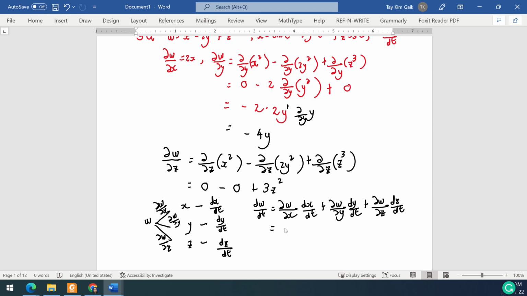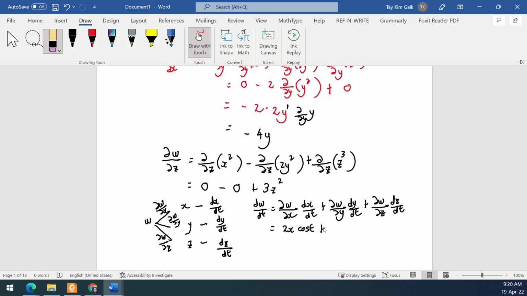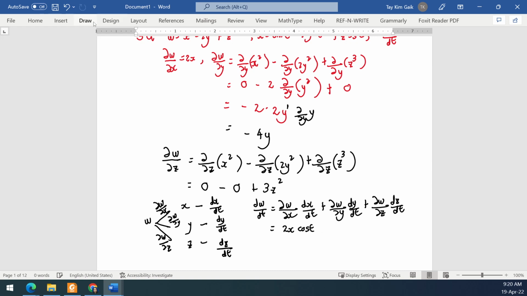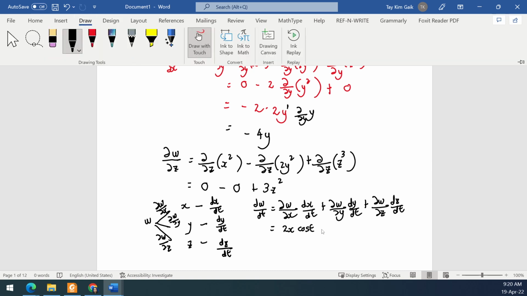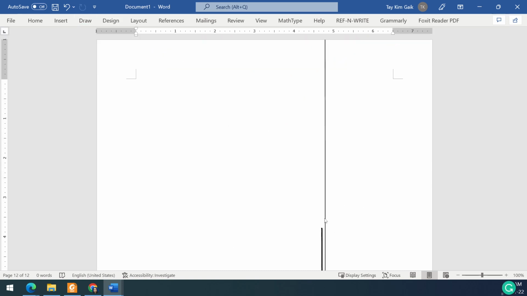Then you just plug in. Del w del x is 2x, dx dt is differentiate sin, just now you get cos t. Del w del y is negative 4y.